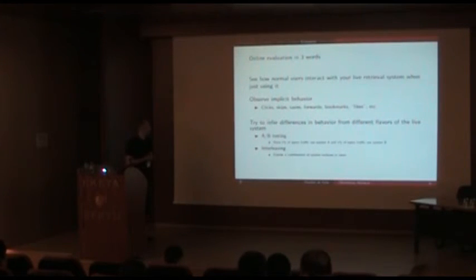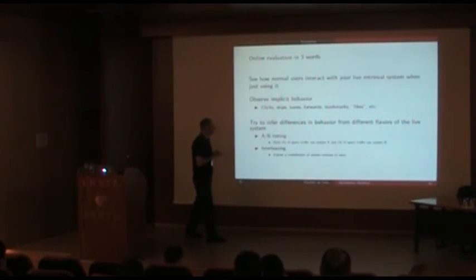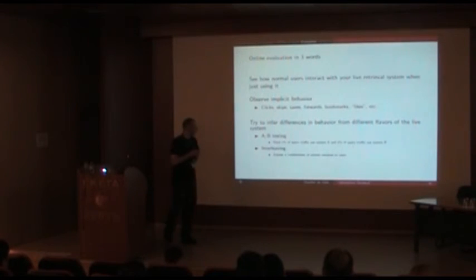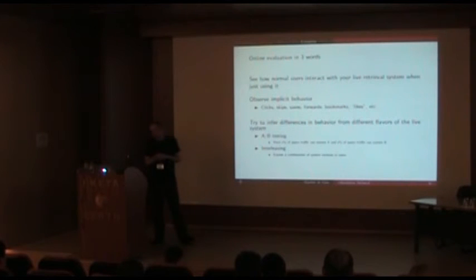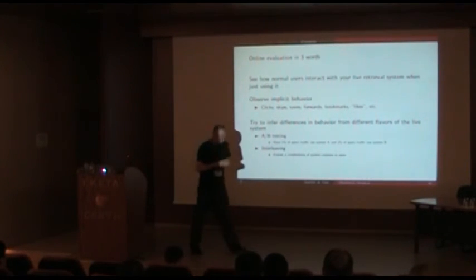Online, we observe implicit behavior, could be clicks or skips or saves or forwards or likes. And there are two main methods that one uses to infer conclusions from observed differences. One is A/B testing, the other is interleaving.